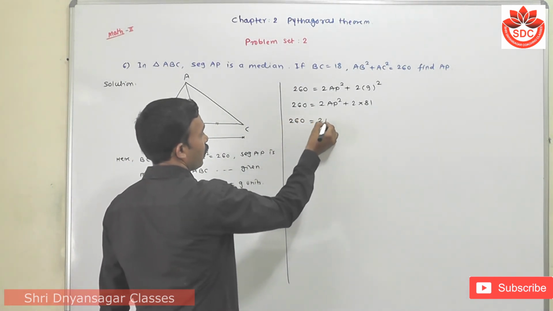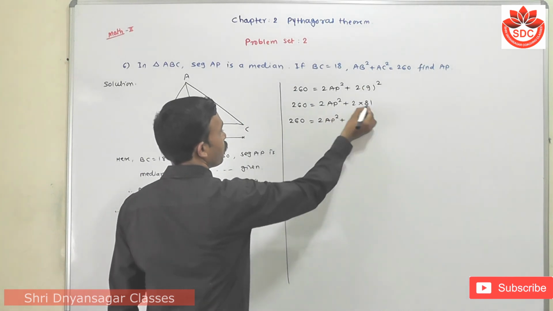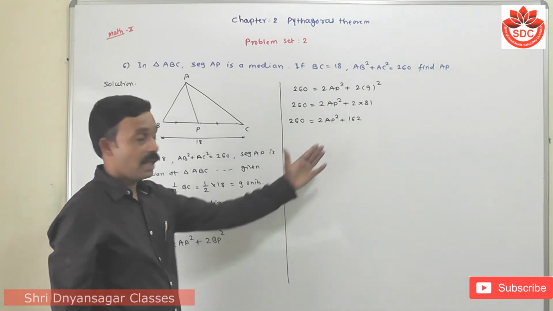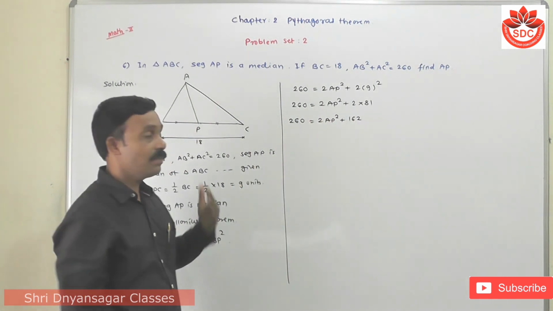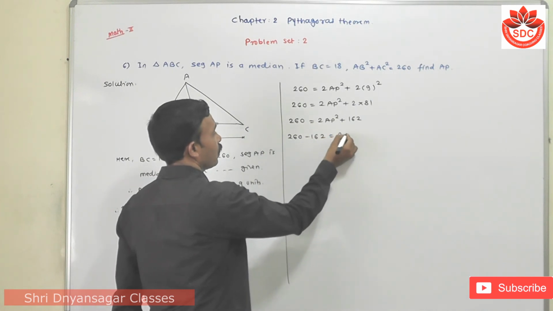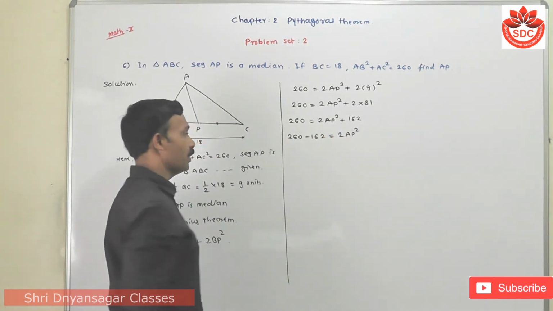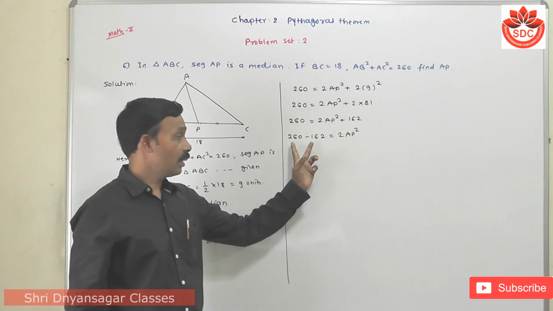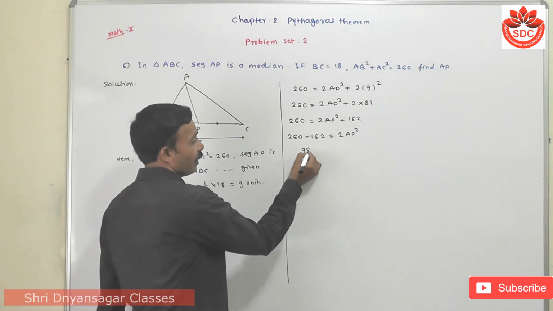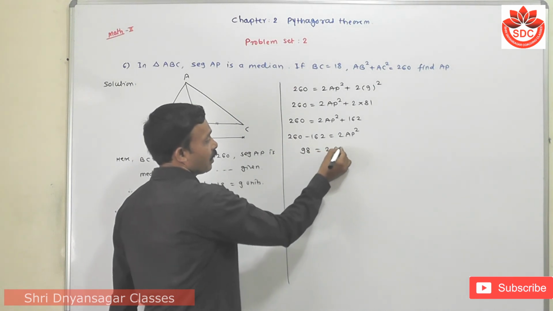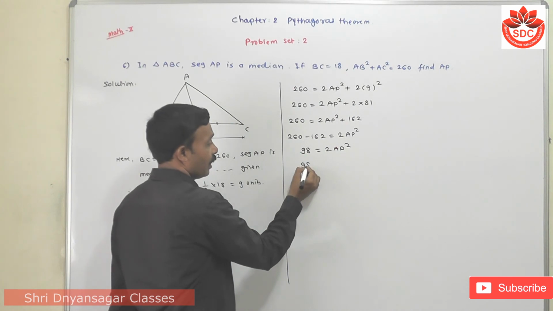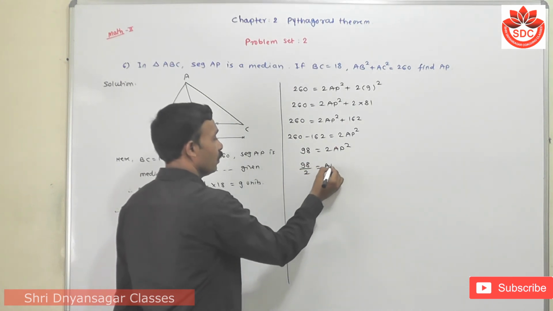260 is equal to twice AP square plus 2 into 81, which is 162. Transposing this to the other side, it converts to minus. So 260 minus 162 is equal to twice into AP square. The subtraction gives 98, so 98 is equal to twice into AP square. The 2 goes to the denominator. So 98 upon 2 is equal to AP square.